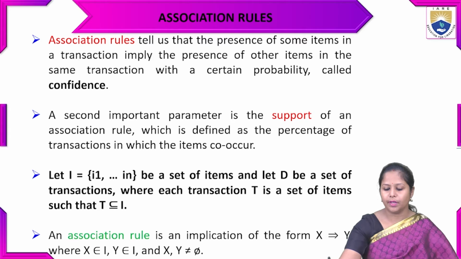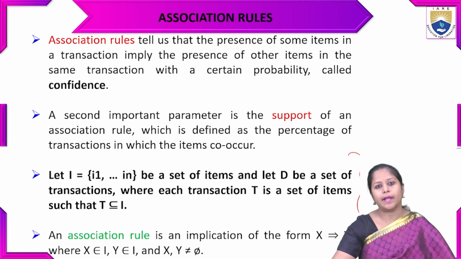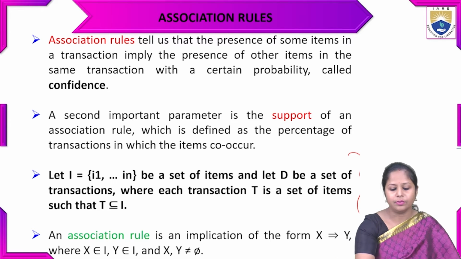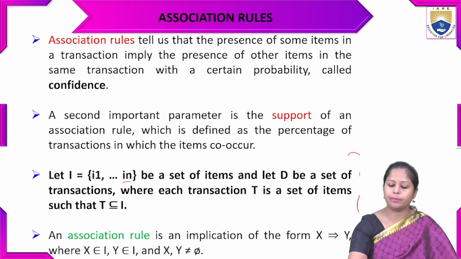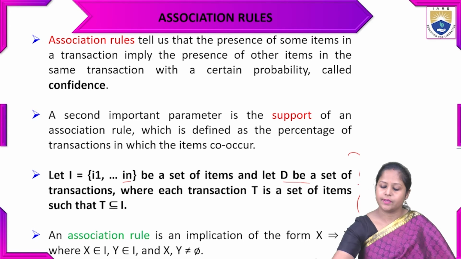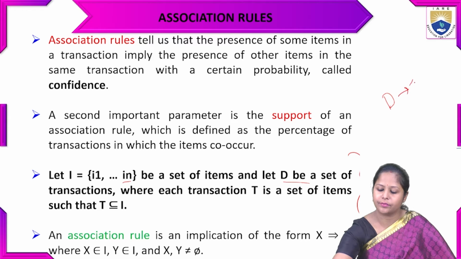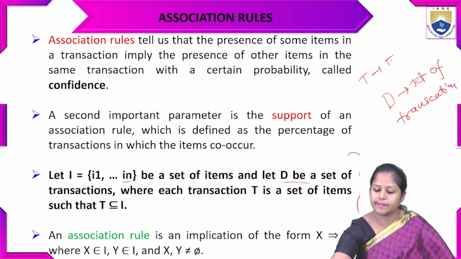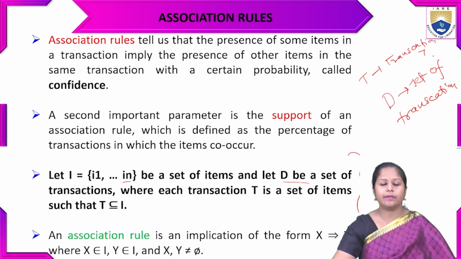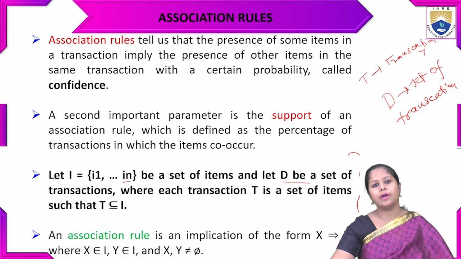So here is the rule. Let I be the set of items I1 to In, and D be the set of transactions. Each transaction T in the transaction set contains a set of items from I1 to In.